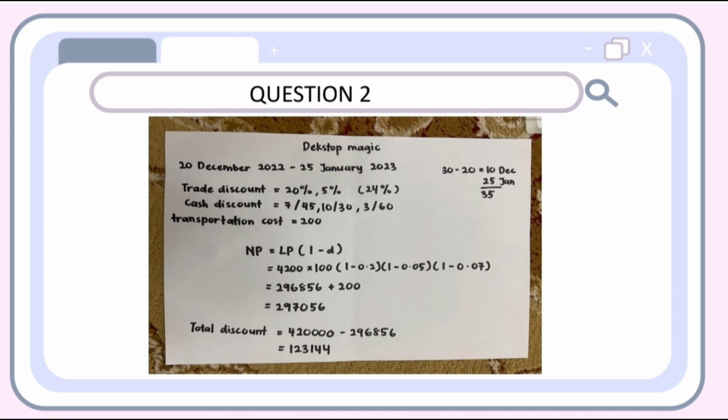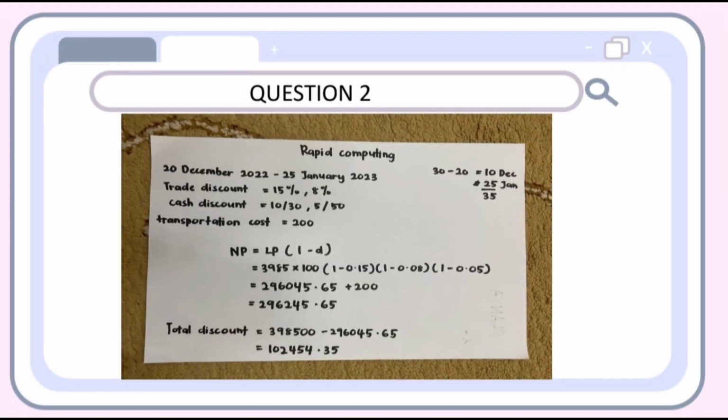So we get 297,056. Lastly, we calculate the total discount: 420,000 minus 296,856. We will get 123,144 ringgit.